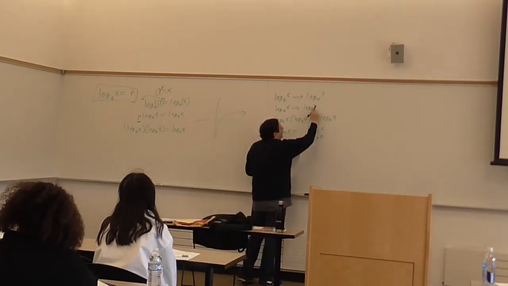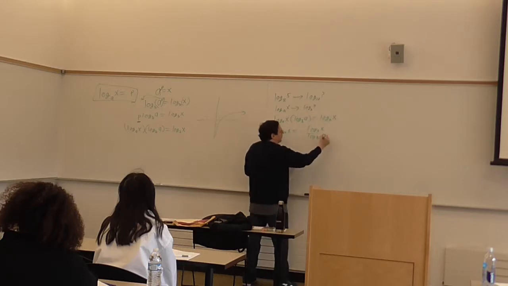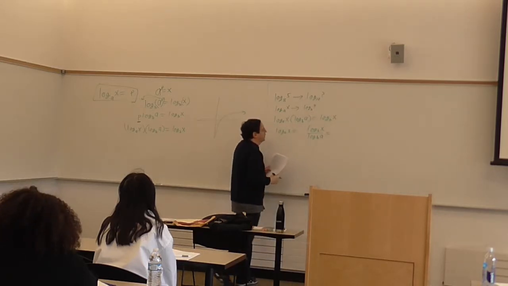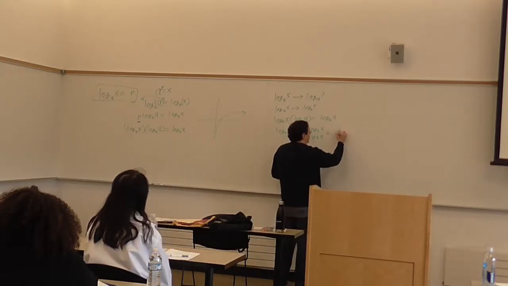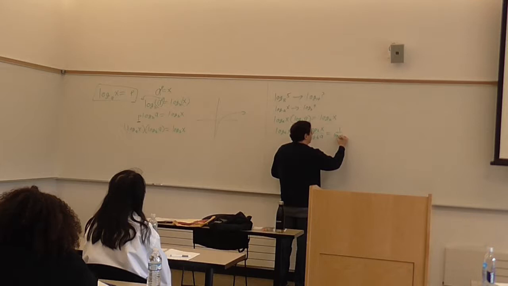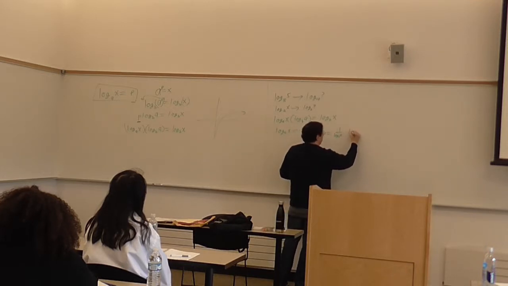Well, if I really want to find out what this value is, how would I do that? Here I've got log to the base b of x, and I'm dividing it by a certain value. I'm multiplying it by 1 over the log to the base b of a, right?